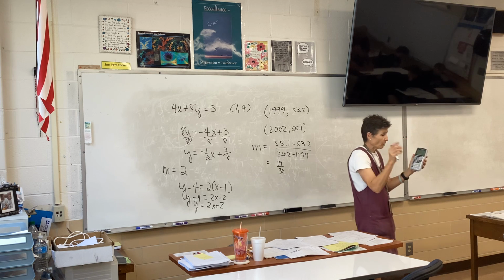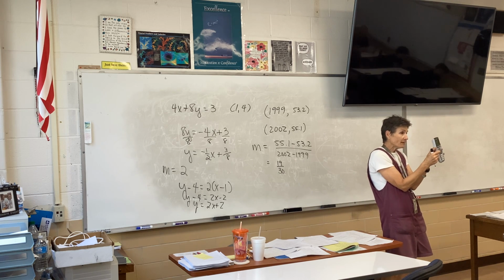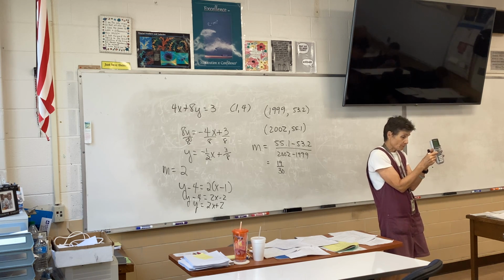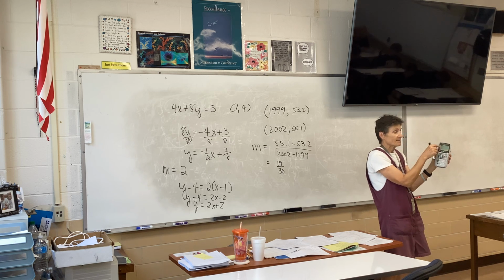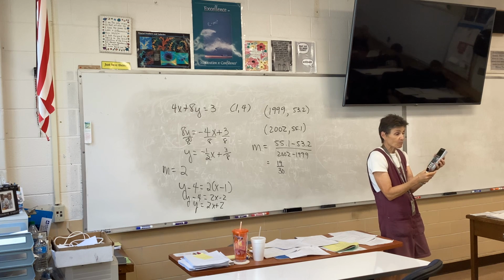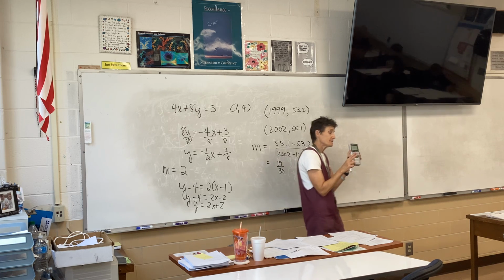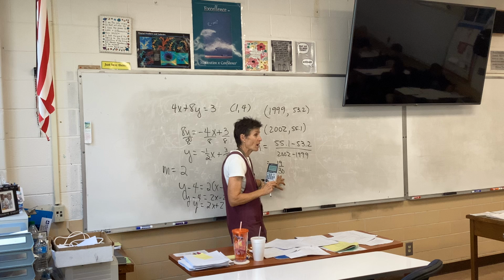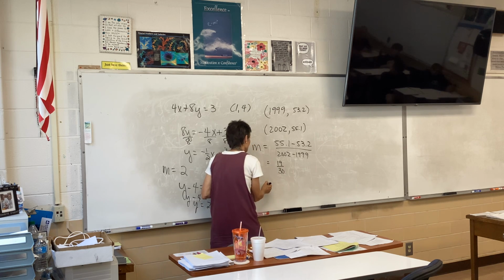When you get that decimal up there, just hit your math button, and as soon as you hit math, it's gonna give you a bunch of stuff. The very first one is frac, that's the thing for fraction. Hit it a couple of times, and it will give you the fraction. So this is our slope.